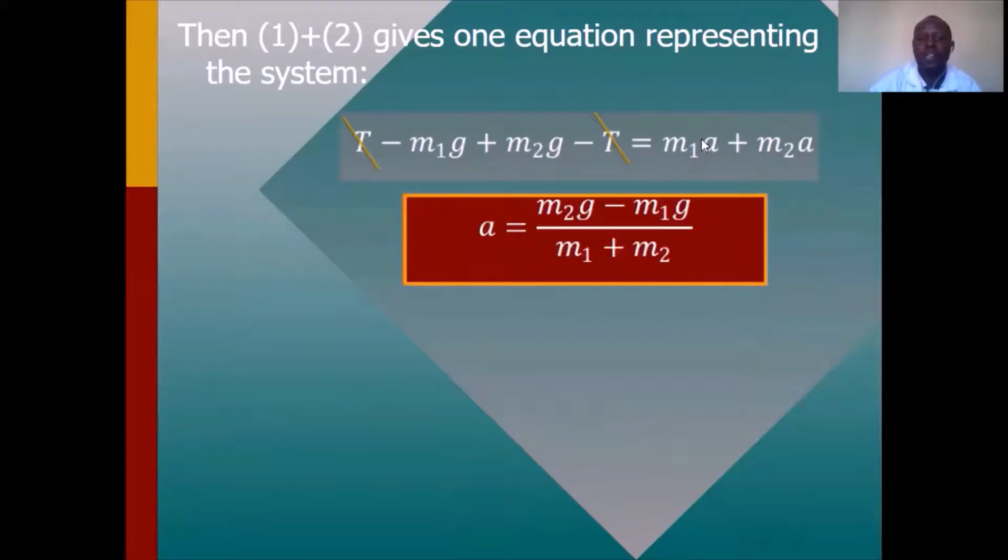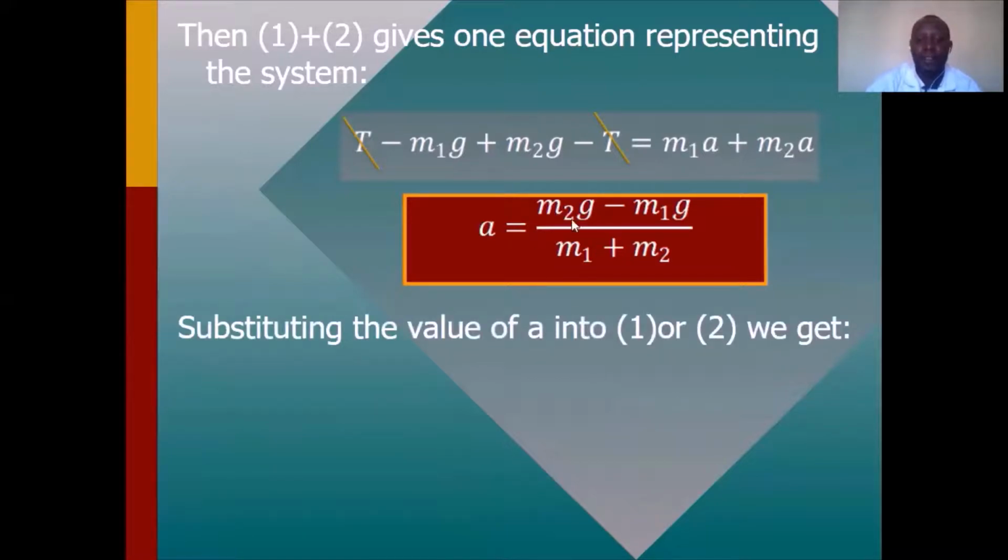So acceleration is equal to the difference of weight, mass 2 times g minus mass 1 times g. It means the greater weight minus the smaller weight, divided by the sum of masses.